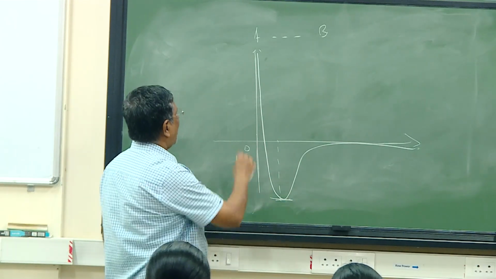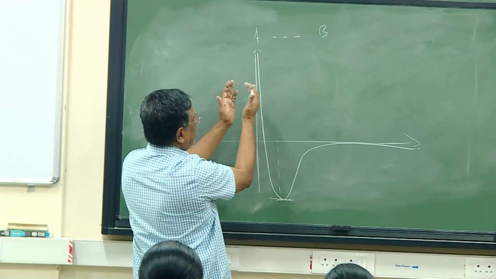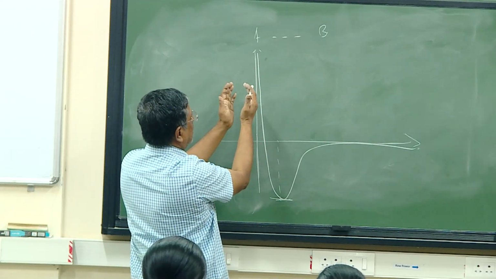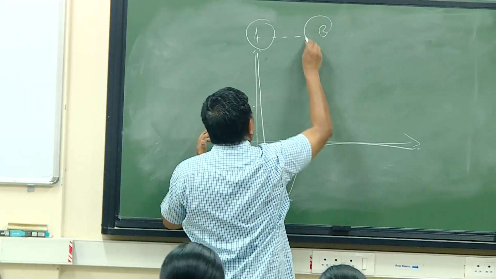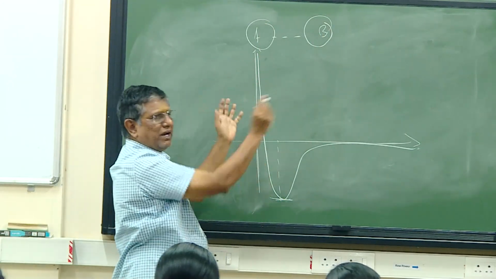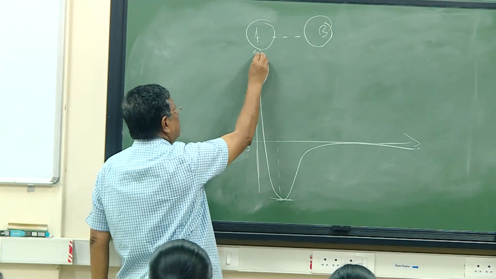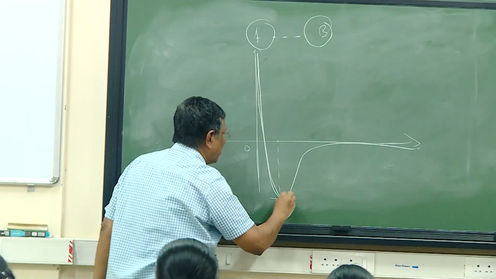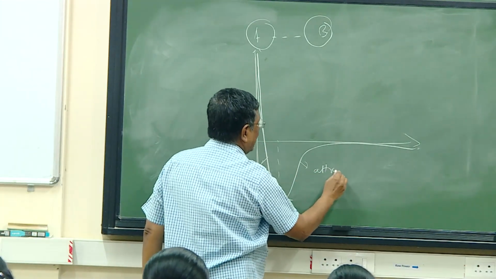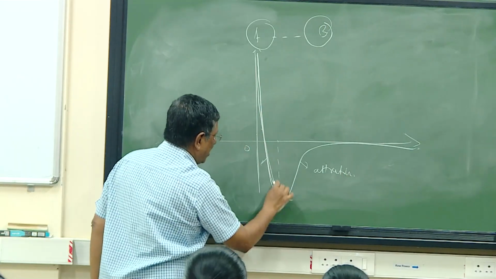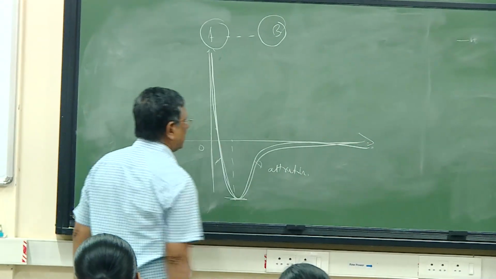When the distance is very small, then the electron cloud will repel immediately. Therefore, this side will be very steep, and from here it starts getting attraction. These two are the attraction part.